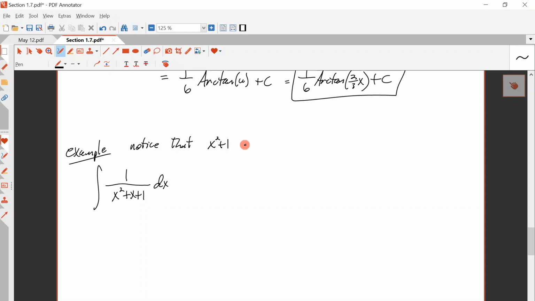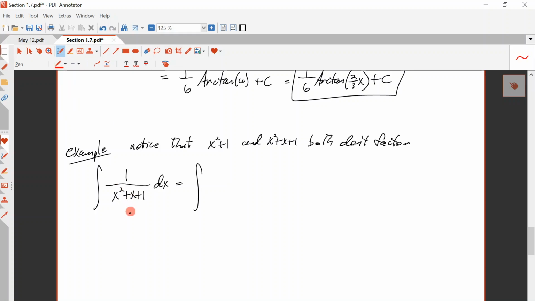That x squared plus 1 and x squared plus x plus 1 both don't factor. So that suggests that this is somehow arctangent. Okay, how is it arctangent? Well, you have to, what's known as, complete the square.